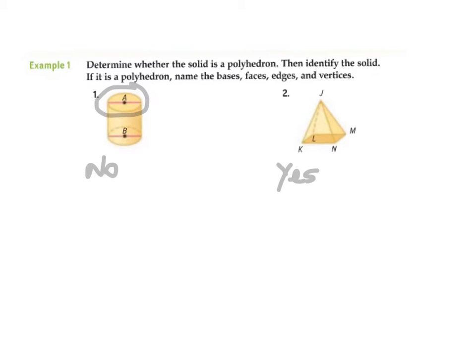Okay, then you've got to start naming the different parts. Well, the base that it's sitting on, okay, so that's just your L, M, N and K. So that's the base, I'm going to give that a B. The edges is every side, so you're going to have 2 letters here, so let's just start with the base, so that's going to be KL, then we're going to move on to LM, then MN, and then NK.